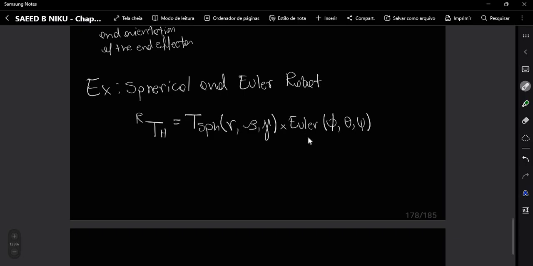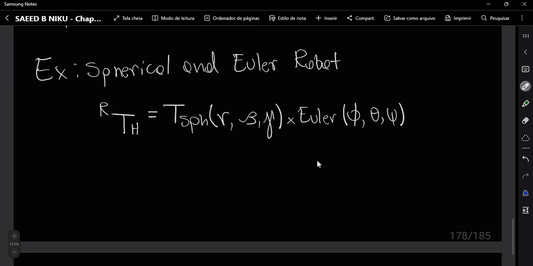So till here, we saw how to do these representations using the coordinate systems, the Cartesian, the cylindrical, the spherical, and instead, right now, instead of using these coordinate systems, we use the Denavit-Hartenberg representation to model these robots.